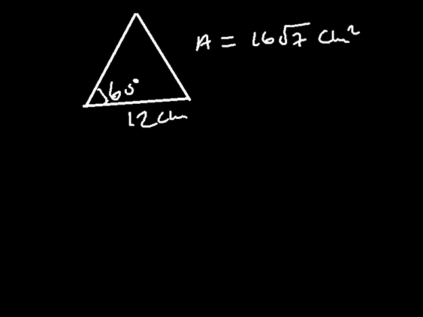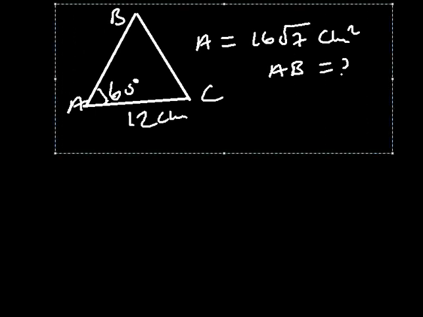If that is the case, what is the value of the side AB? Let's say this is ABC. So if the area of the triangle is given as this, what is the value of the side AB? So try to have that at your own time.